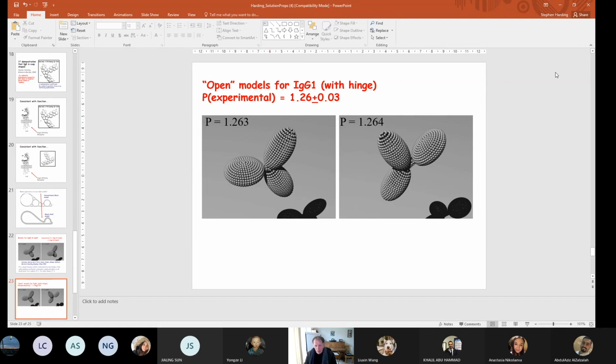To repeat, by comparing the experimentally measured values with the model values, we can adjust the models which give the best agreement with the experimental data. So that's how we get the conformation.